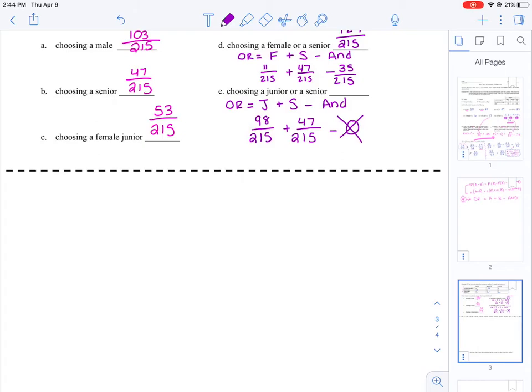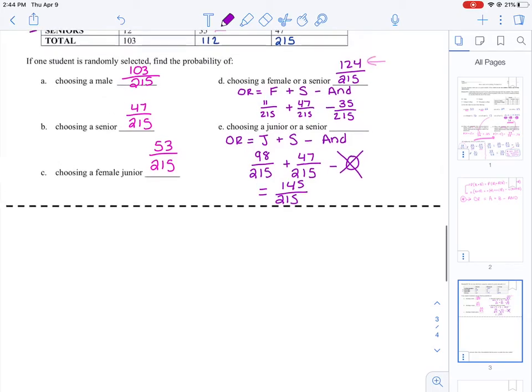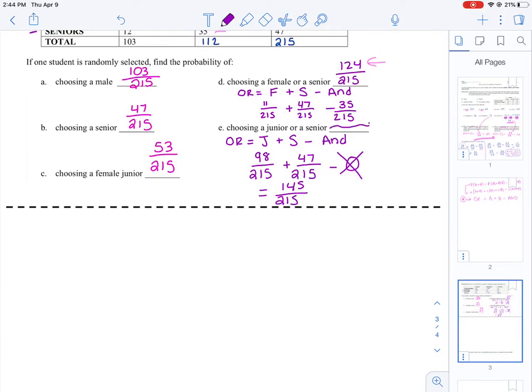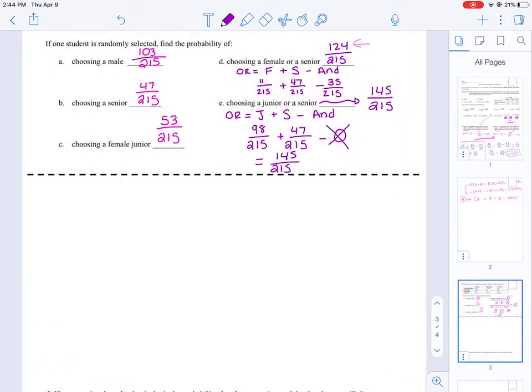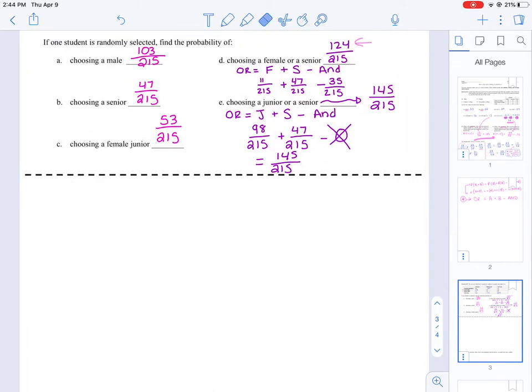So when I add these, I'm going to get 145 over 215. I'll just add that up here. 145 over the 215.